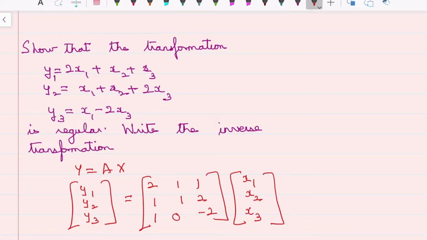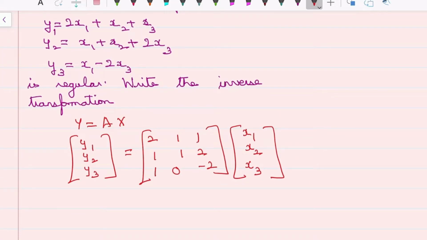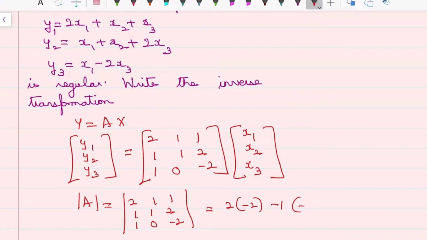So if we take the determinant of A, it is the determinant of [2 1 1; 1 1 2; 1 0 -2], and you can actually calculate the determinant. When you expand, you get 2 into (minus 2 minus 0), minus 1 into (minus 2 minus 2), plus 1 into (0 minus 1).